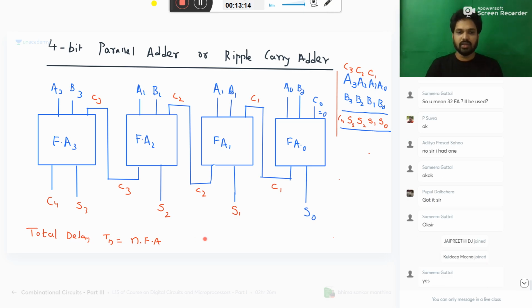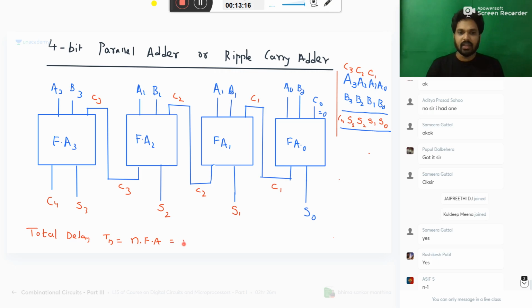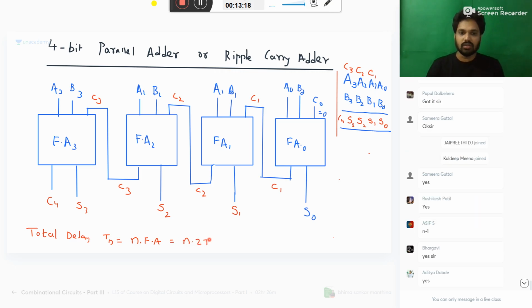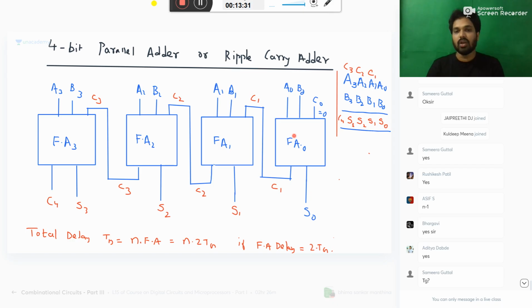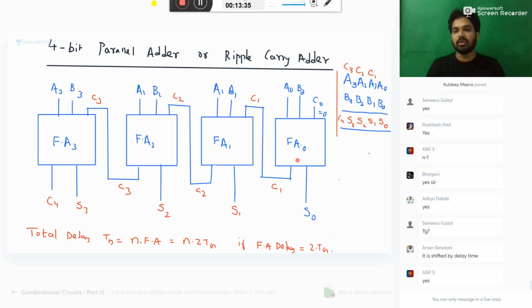It can also be given by n times 2tg, if the full adder delay is taken as 2 times tg. Why? Because in the full adder, as you saw in yesterday's class, each full adder internally contains one AND followed by OR, or two XOR gates, which requires 2 gate delays.